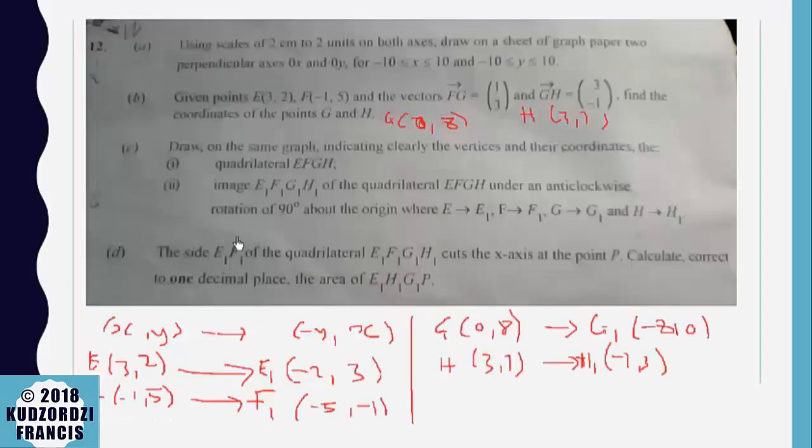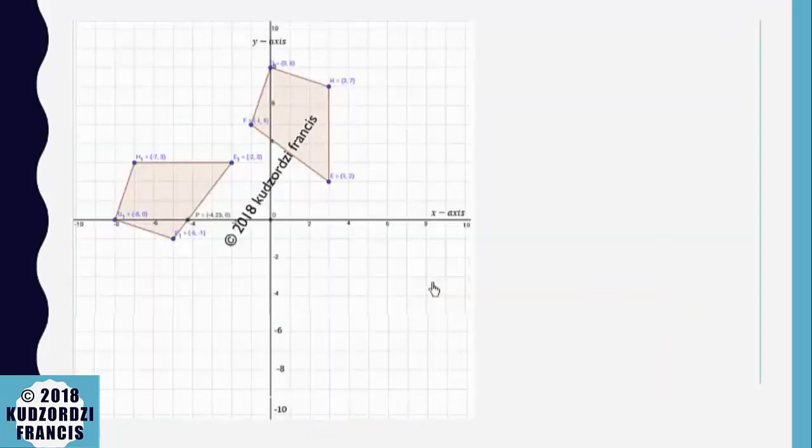So let's look at the next question, which says the side E1F1 of the quadrilateral E1F1G1H1 cuts the x-axis at the point P. Calculate correct to 1 decimal place the area of E1H1G1P. So you're calculating the area of this.